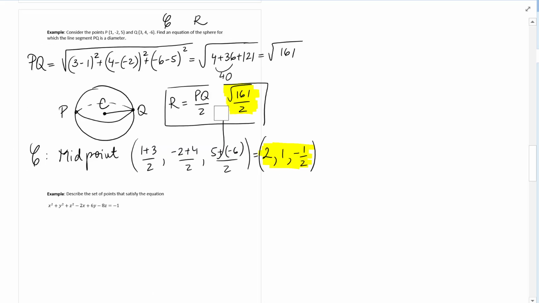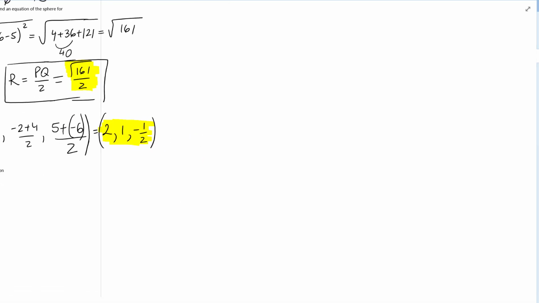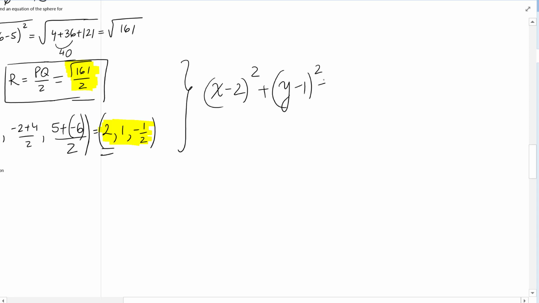Oops, mess up my work, but we have them. So then the equation of the sphere is (x minus 2) squared plus, this is the 2, (y minus 1) squared plus, this is the 1, (z minus negative 1/2), so (z plus 1/2) squared, equals the radius squared, which is 161 over 4.